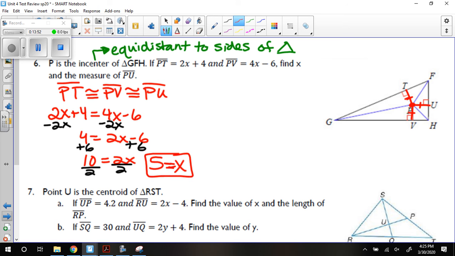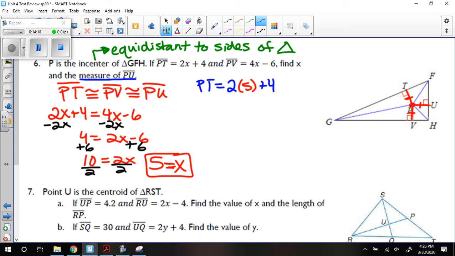Now, they don't ask you to find only x. They also ask you to find the measure of PU. And we know that PT, PV, and PU all equal the same thing. So PT, if I plug in my 5, it'd be 2 times 5 plus 4.